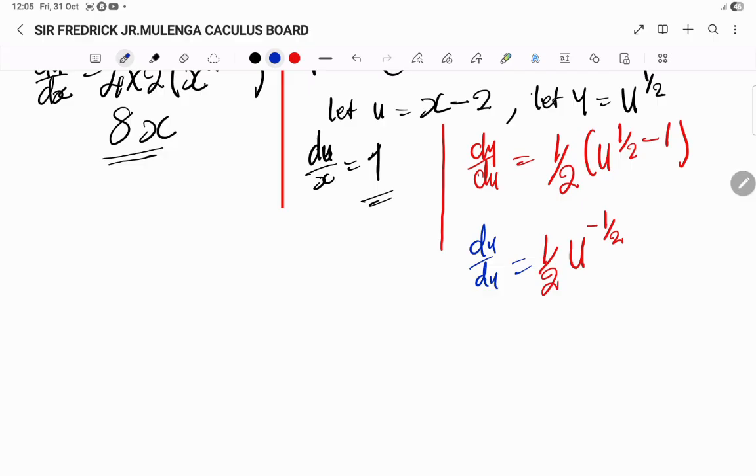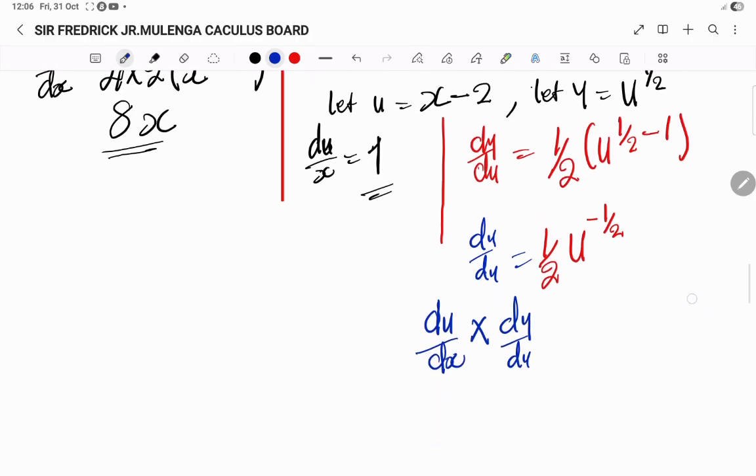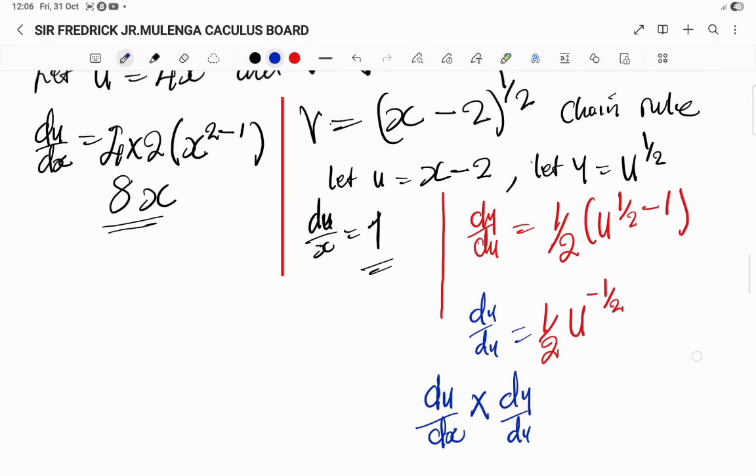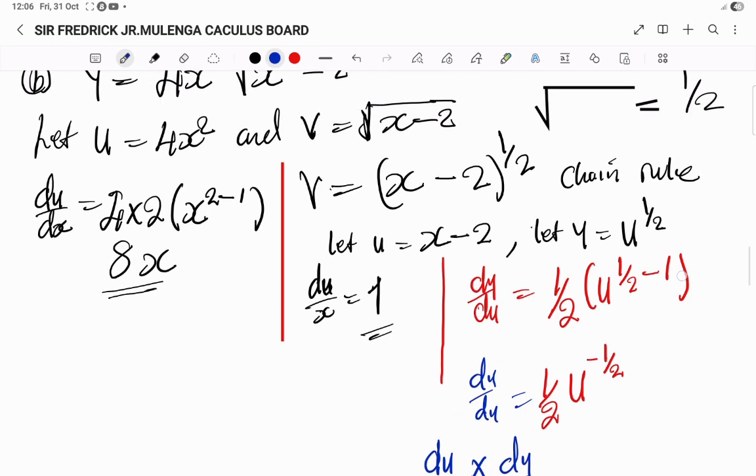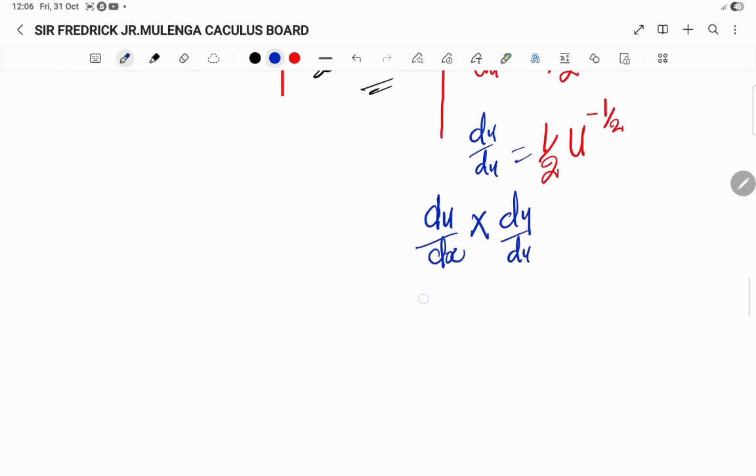We have to multiply du dx with dy du. So my du dx is 1, so I'll put 1 right here, times dy du, so it's going to be half.